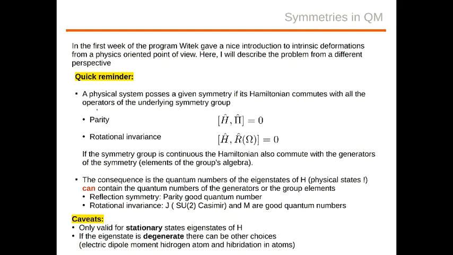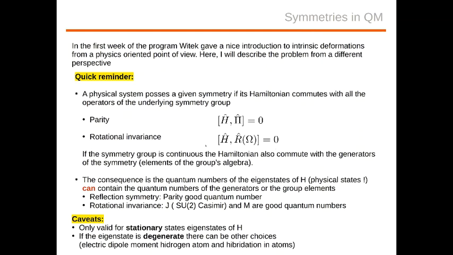It's very well known that if a system has a given symmetry, the Hamiltonian commutes with all the operators of the symmetry group. In the case of parity, it means that the Hamiltonian commutes with the parity operator. In the case of rotational invariance, it means that the Hamiltonian commutes with the rotation operators for all possible Euler angles characterizing the rotations, right?